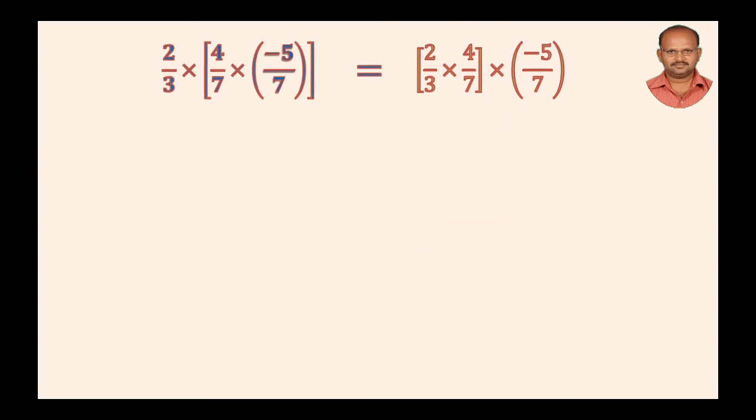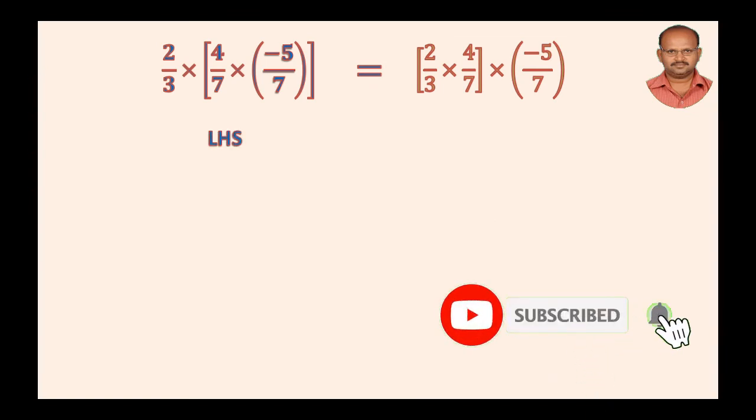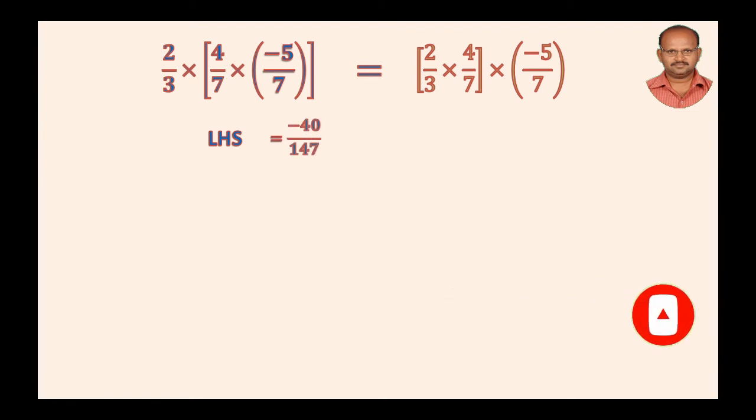Here LHS is equal to minus 40 by 147, then RHS is equal to minus 40 by 147, then both are equal. LHS is equal to RHS.